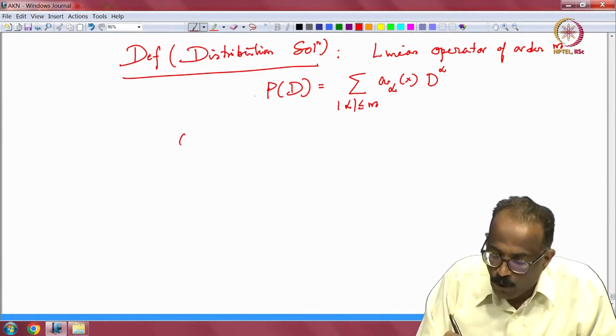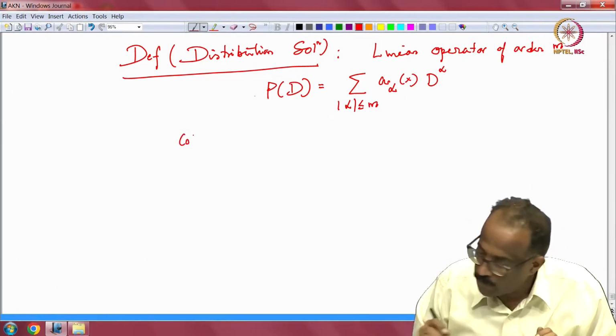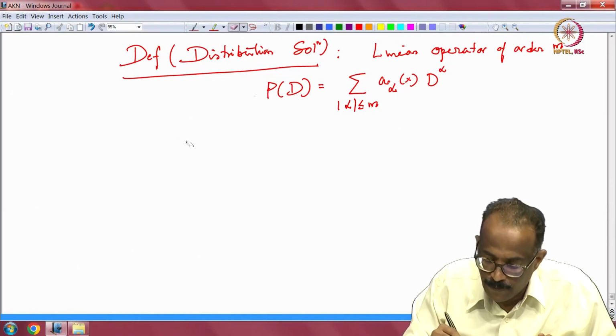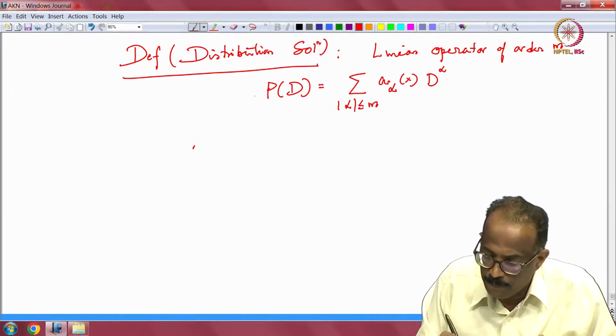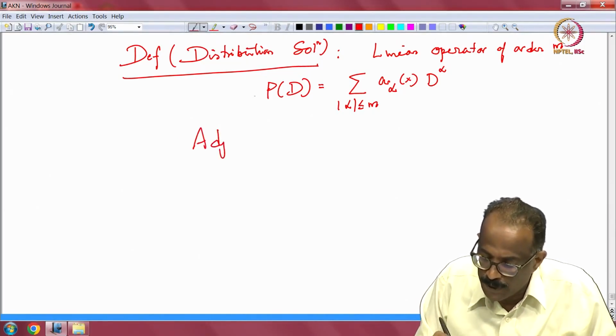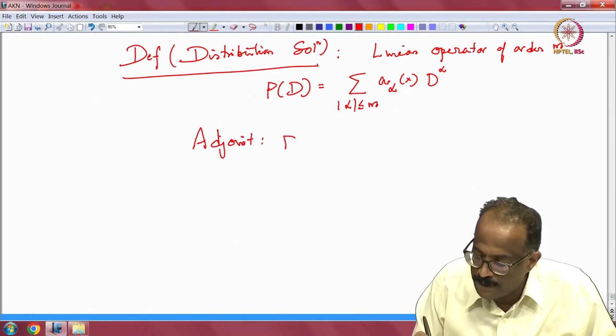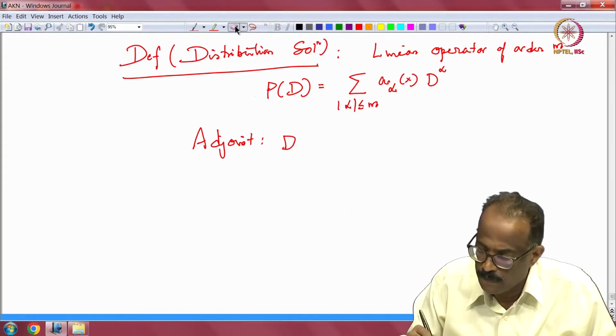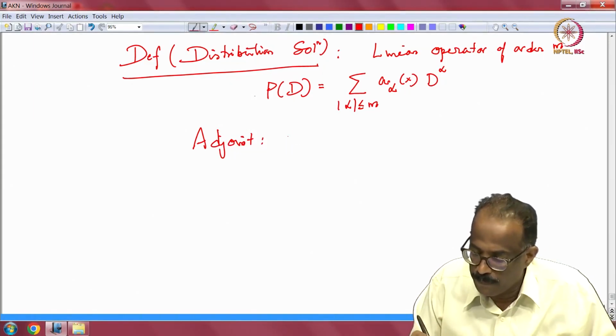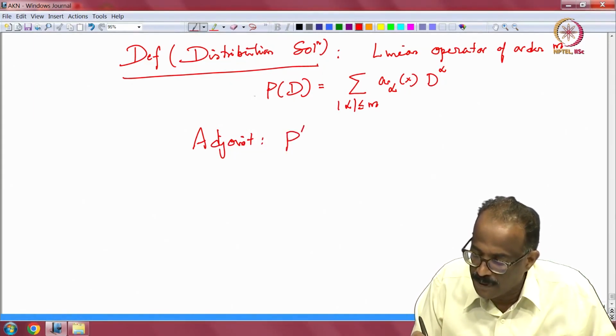I also define the adjoint, which we denote by P prime of D.